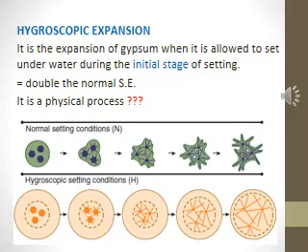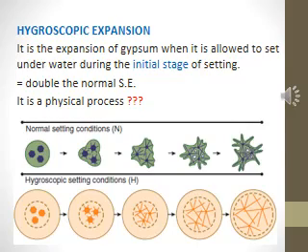There is a specific condition required for its occurrence, which is that this process occurs during the initial stage of setting only, because the crystals at this stage are still growing. So when you provide more water, this water will provide more room for these crystals to grow through and thrust against each other.